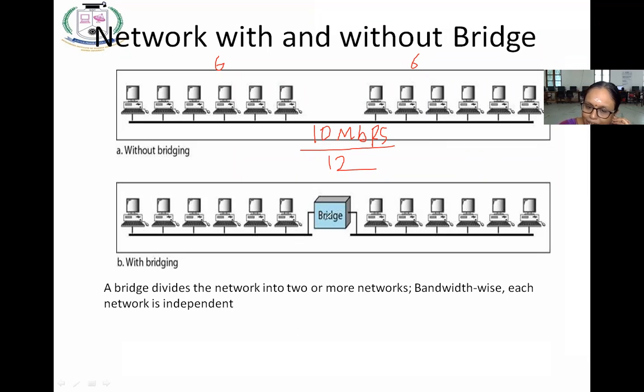But when I do the bridging, here 10 Mbps and here 10 Mbps, so here 10 Mbps by 6, and here 10 Mbps by 6. And by bandwidth, the network is also independent and the speed also increases. So there are more advantages with bridging. Without bridging, the speed will be less, and the network is also not independent. That's why we always go with a network with bridging and share the bandwidth.